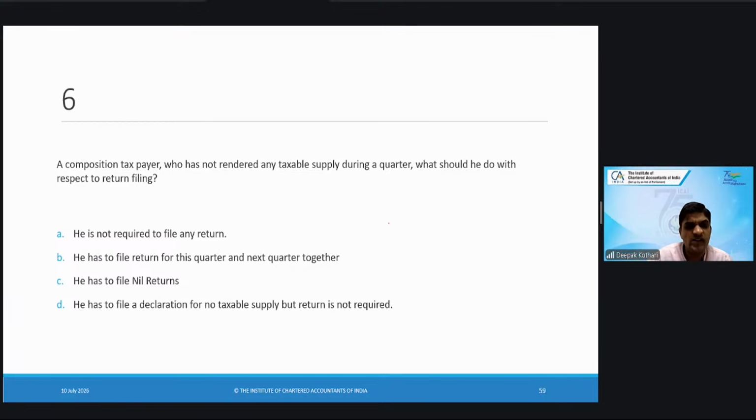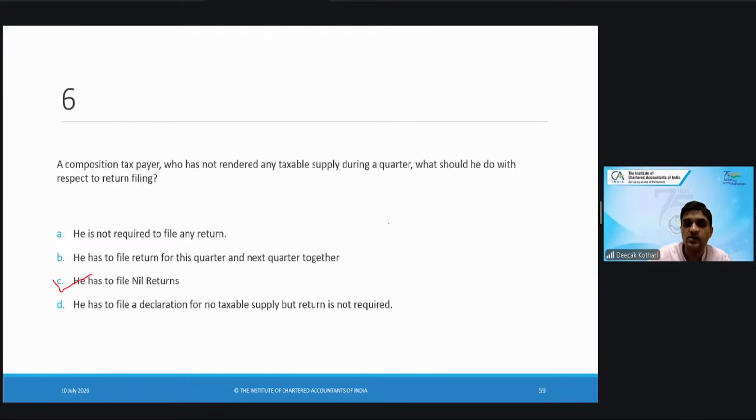6D, it is C. No, Soumya, annually one return is there. He has to file nil returns. The company has not received taxable supply during a quarter. What should he do in respect of return filing? He should file nil returns.